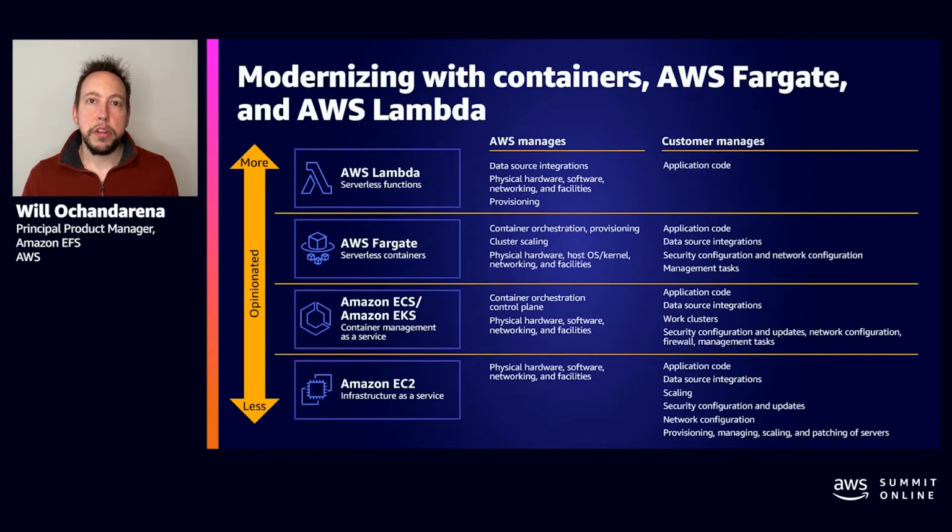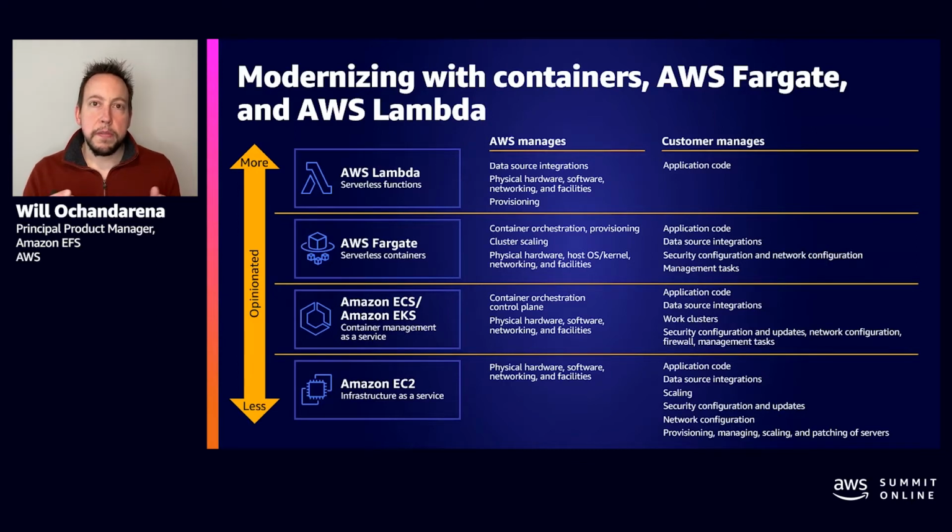Now, there's no shortage of options with how you deploy your application on AWS, on the compute side. There's a whole spectrum of choices that go everywhere from AWS Lambda, which abstracts away the majority of how your application actually runs on the infrastructure and lets you focus entirely on the code. And as you go down all the way to Amazon EC2, at each layer, you take on more control over how your application works, how it integrates with data sources, how it runs, how it scales.